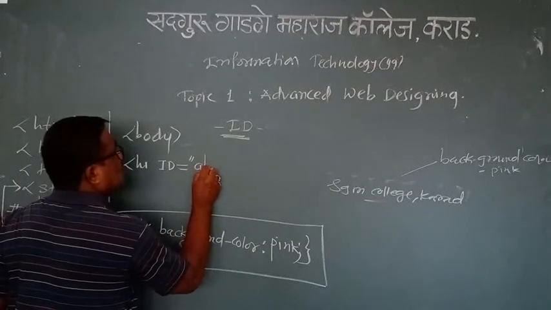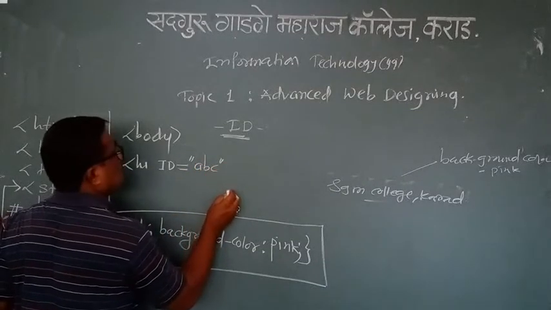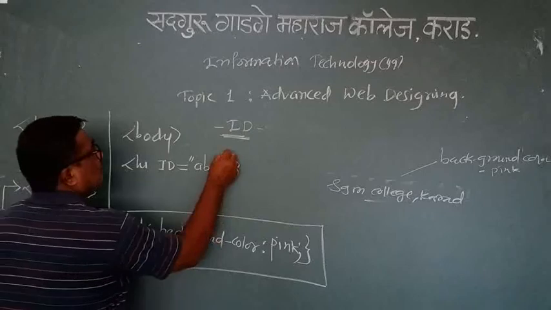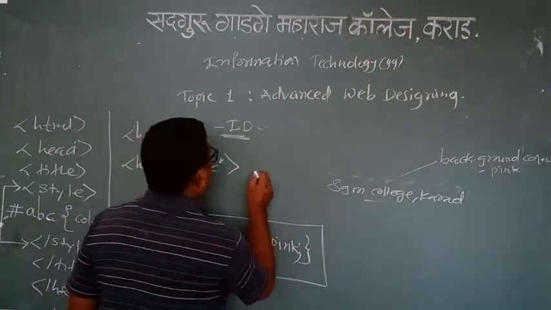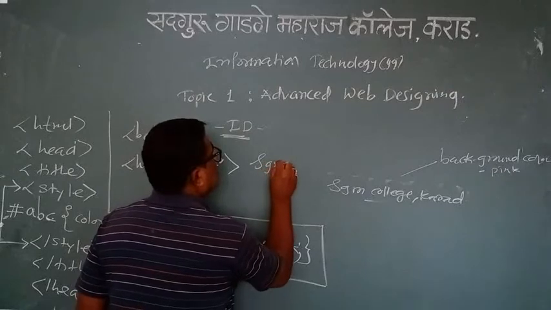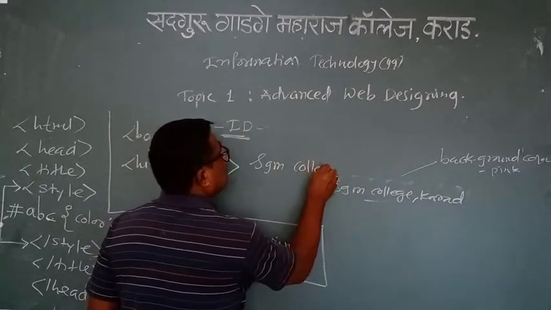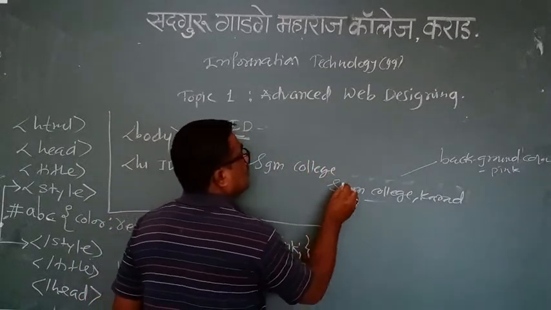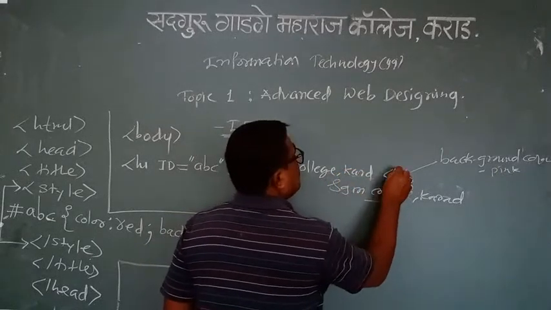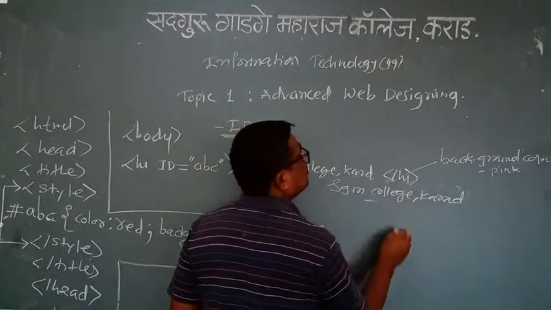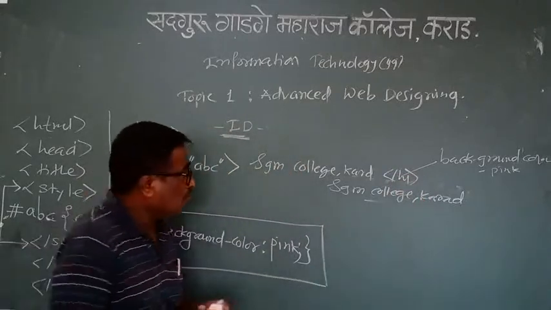ABC, which is written in double quotation marks. Then close the tag. Write here HM Polytechnic Karad, H1 close.